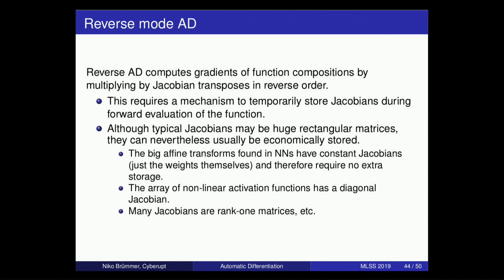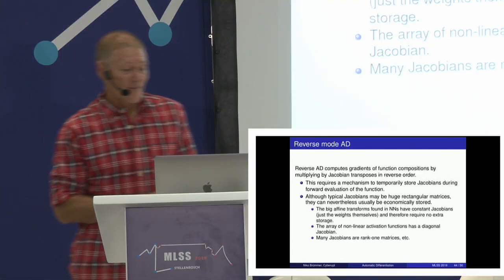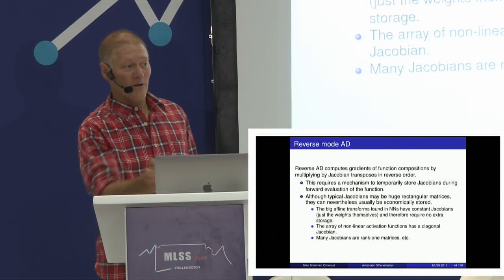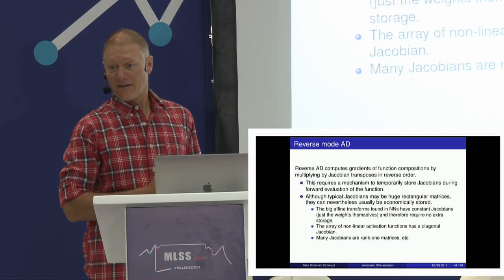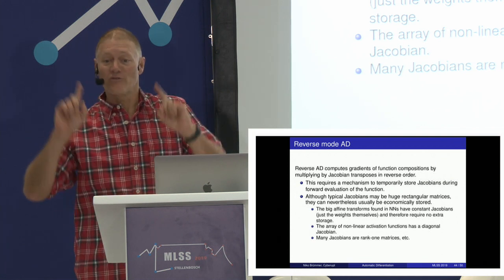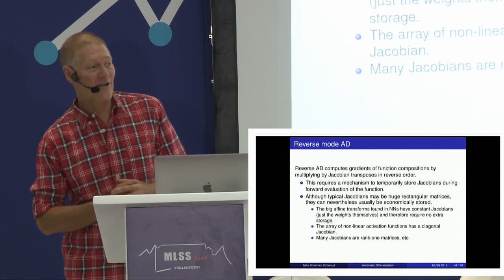And if, for example, you're differentiating through the equation of a linear solution, if you're working with Gaussians, you're going to be doing that, then you'll find there's a rank 1 matrix that appears, and the rank 1 matrix you can store as just 2 vectors instead of the full Jacobian.